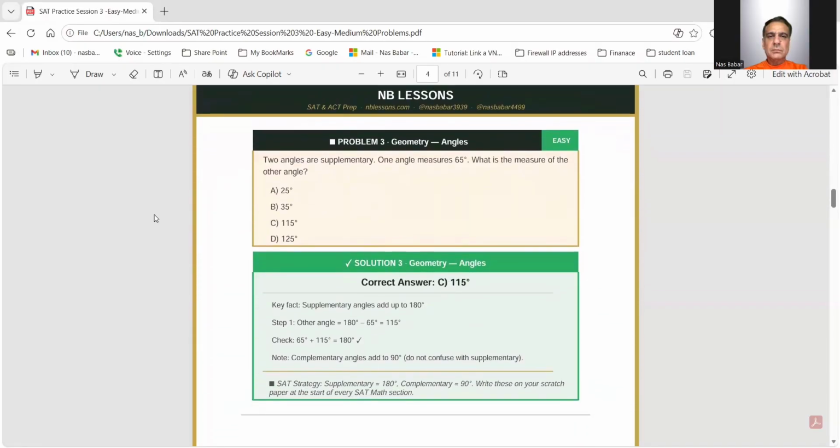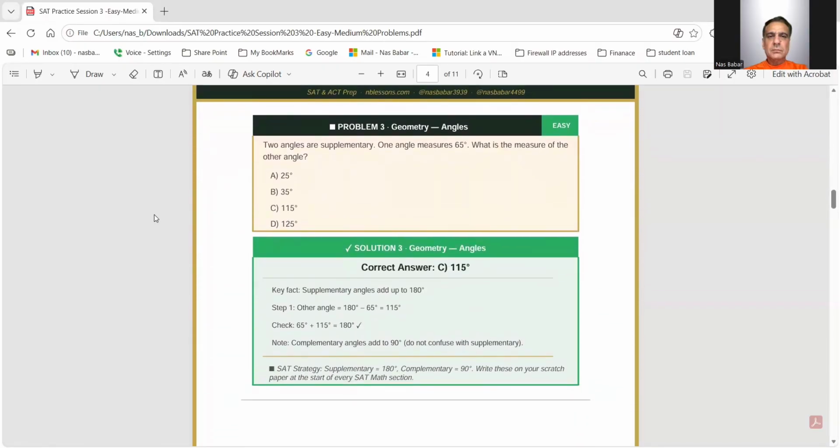The next problem, my friend, is a geometry problem. So let's go ahead and solve that. In geometry problems, they're saying the two angles are supplementary. One angle measures 65. What is the measure of the other angle? You should be able to do that right away in your head because, as you know, supplementary angles are always equal to 180 degrees, right?